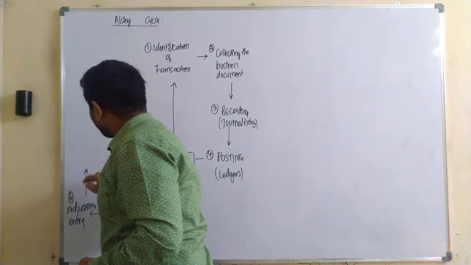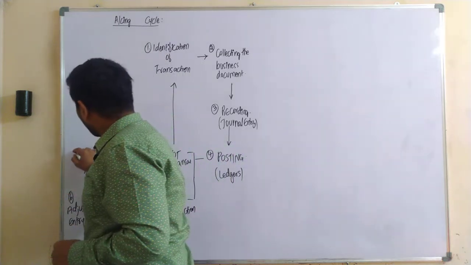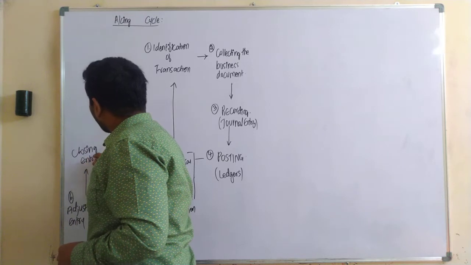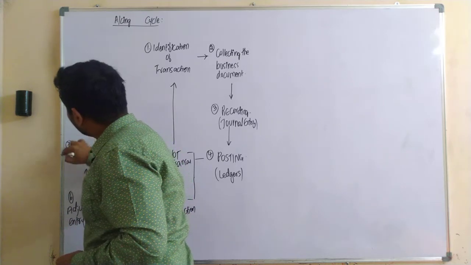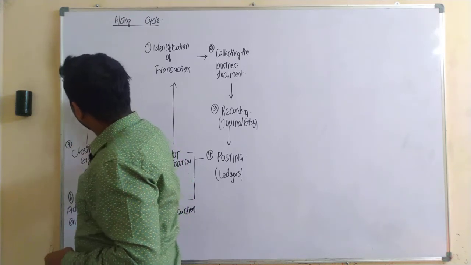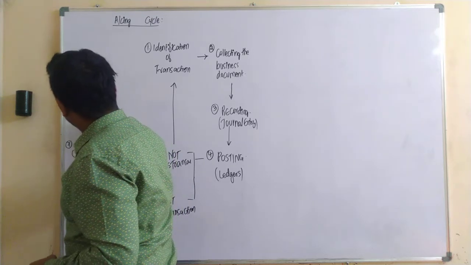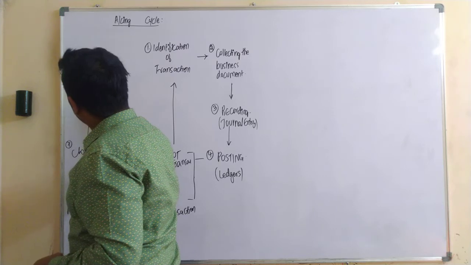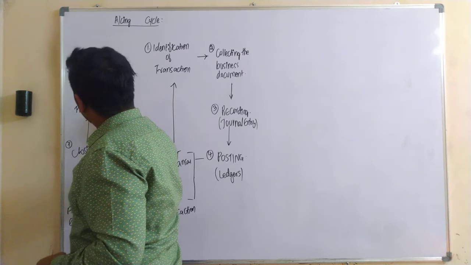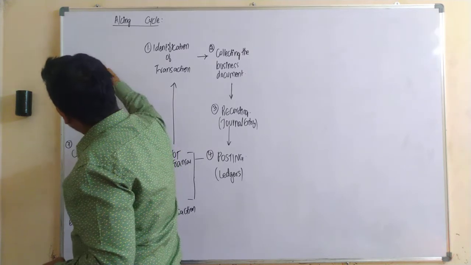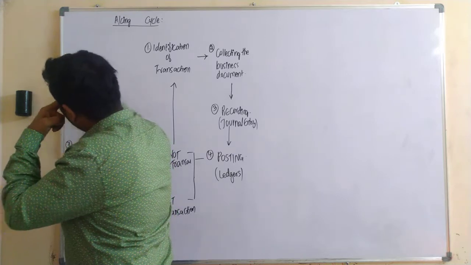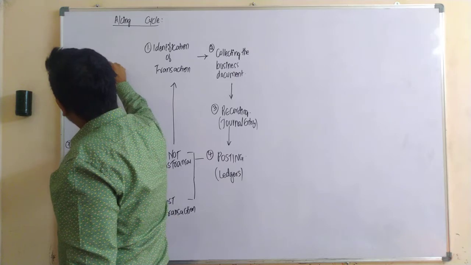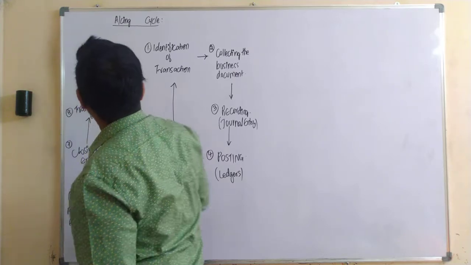And after adjusting the entries, you should do closing entries. So this is nothing but your next step. After closing, you need to transfer, or transferring entries. And after transferring, your last step is nothing but your preparation of final accounts.